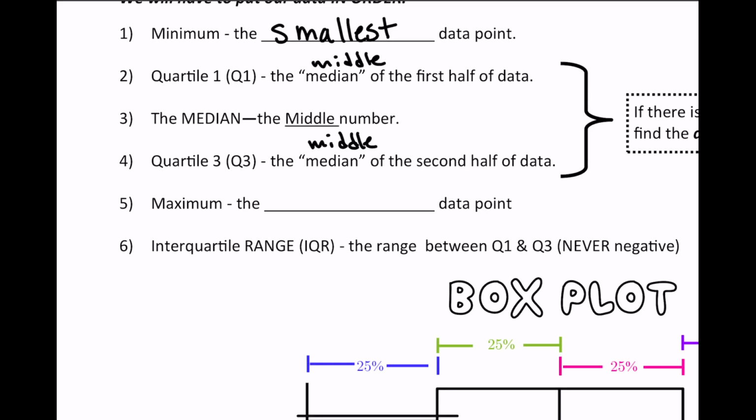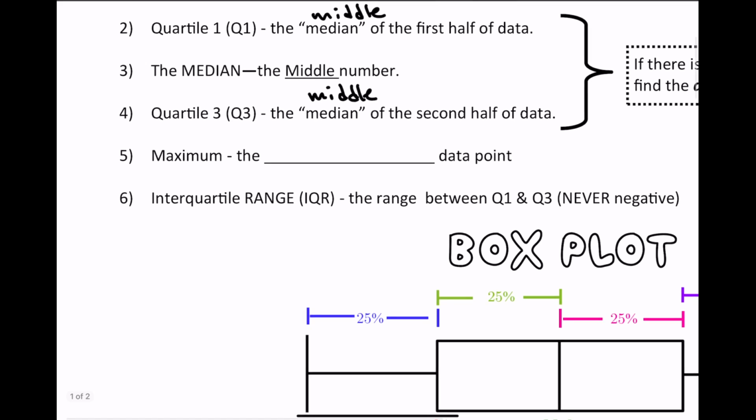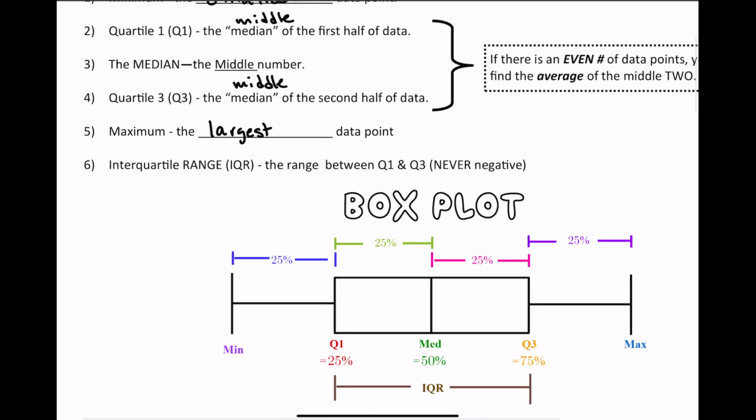Now that I've said quartile like 6,000 times, I can say it without struggling. Then we have maximum, which is the largest or biggest data point, okay? And then we still have our IQR, which is still going to be quartile 3 minus quartile 1, okay?